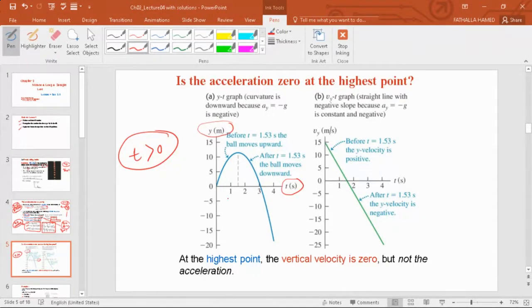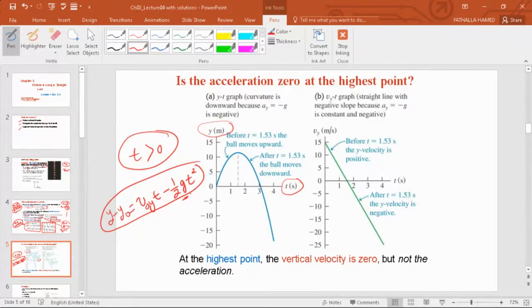So if you plot your position as a function of time, you already have the equation for the position, where we say y minus y0 equals v0y t minus 1/2 g t squared. That's our equation that describes the motion along the y direction under the action of gravity.